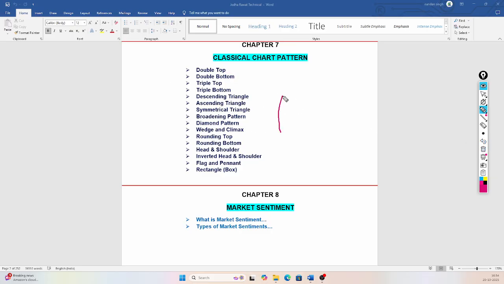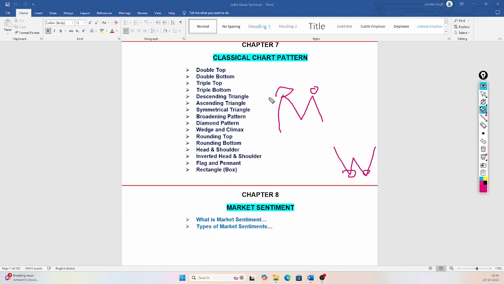Why? Can you see this pattern and this pattern? Here we can see a double top, and in this pattern we can also see a double bottom.